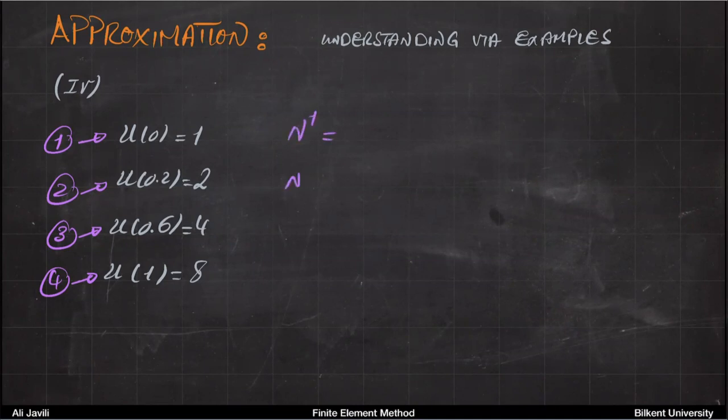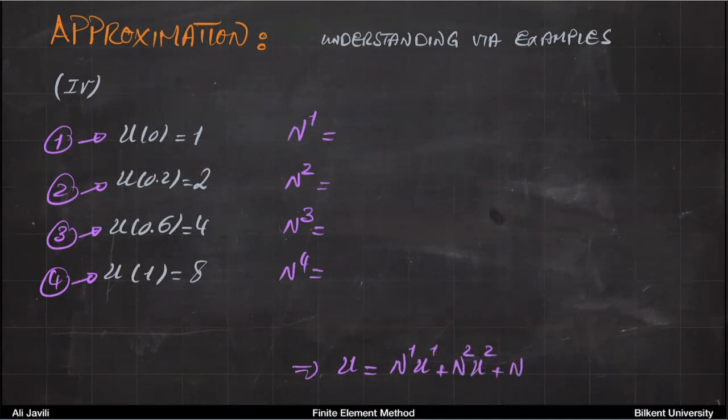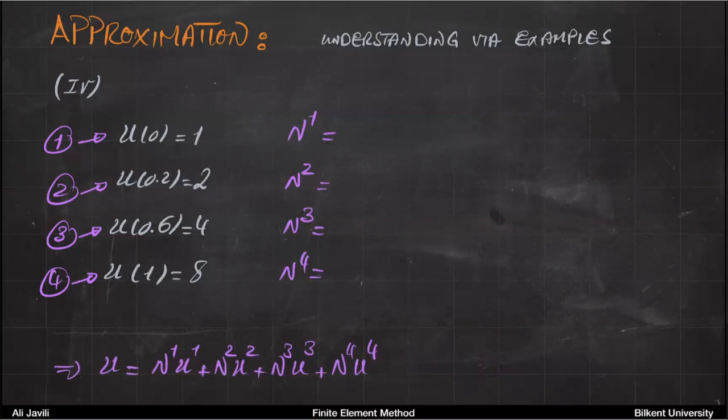Then you find what is N2, what is N3, and what is N4, which we just learned how to do. And once you do that, you just write the result like this: u is equal to N1 u1 plus N2 u2 plus N3 u3 plus N4 u4. And you are done. That's all you have to do. So this is perfectly fine.